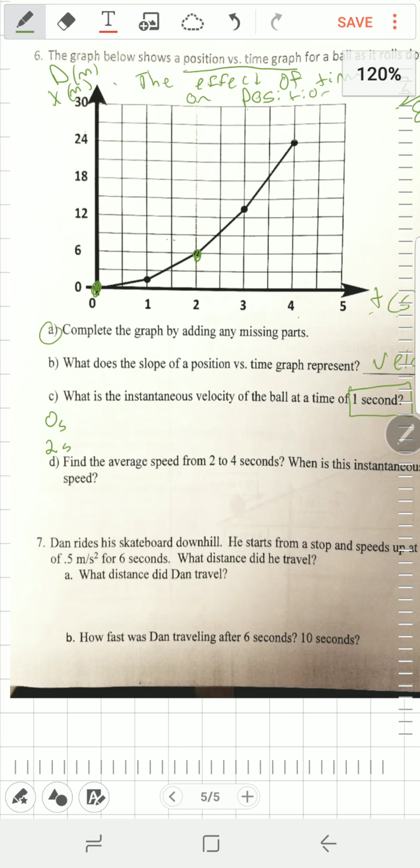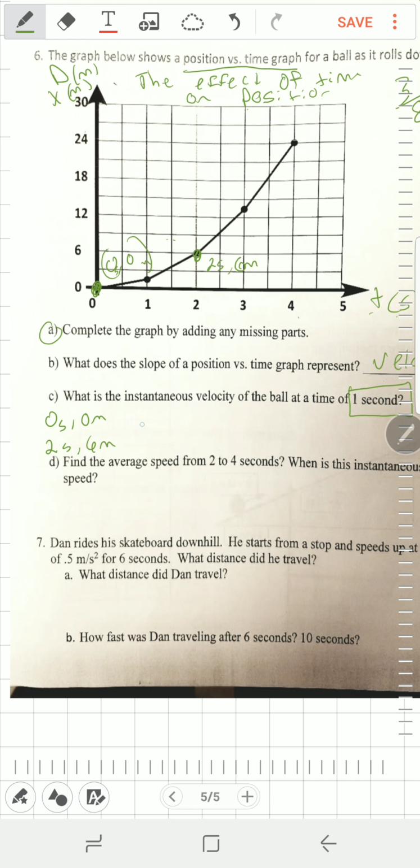Those are just time points. They're not the data coordinate points that I'm going to need for my slope. So I just go and figure out what the coordinate point is going to be. This one's going to be 0, 0, which means 0 seconds and 0 meters. And this one's going to be 2 seconds at 6 meters.